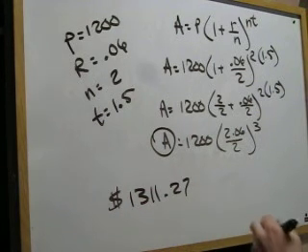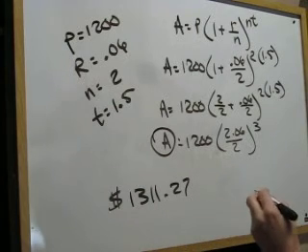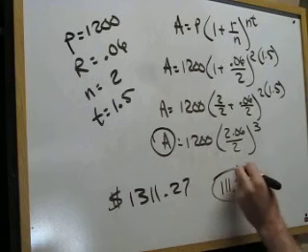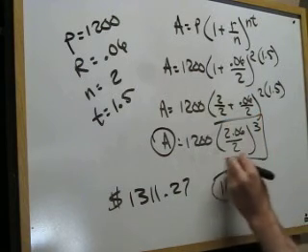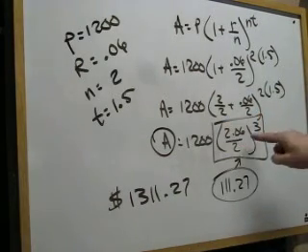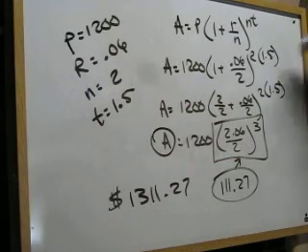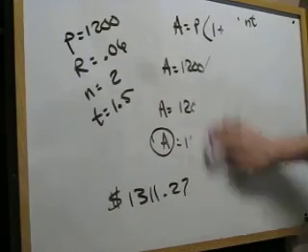So that being the case, 1200 of it's already there, so 111.27 would be this part of the equation. 2.06 divided by 2, cube it, I should get 111.27 there. So that would be how you'd end up doing those problems. So go ahead and continue with the problem set, and you should be good to go.